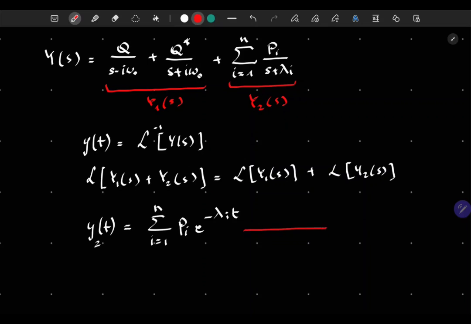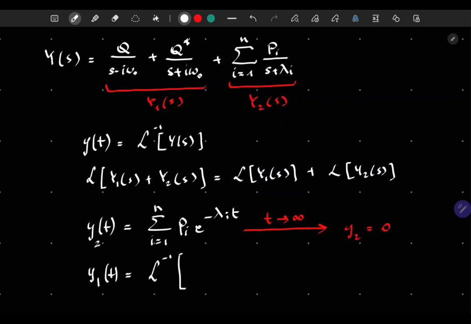And let's take a look at what happens when t goes to infinity. For this term, we immediately see that as t goes to infinity, the exponentials decay. Remember, we assume that our system is stable, so all the lambdas here are positive. And so the term y2 just decays to 0 as t goes to infinity. But for y1, we have to compute the inverse transform of y1 of s.